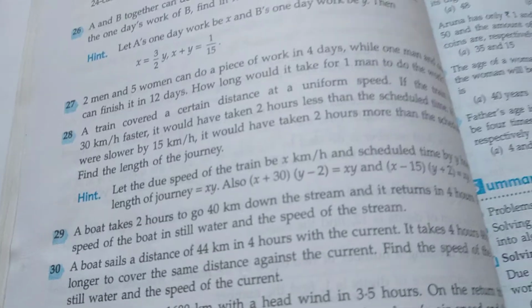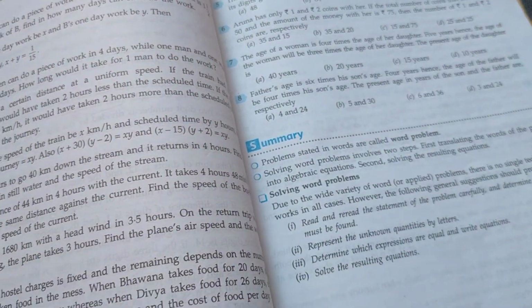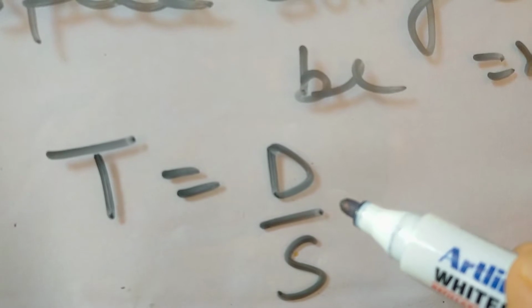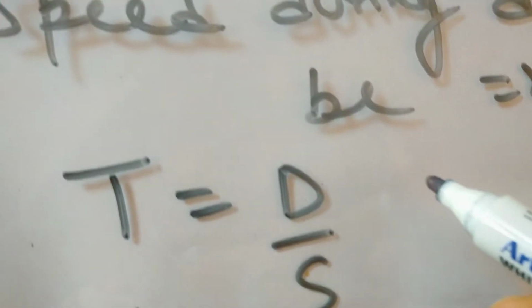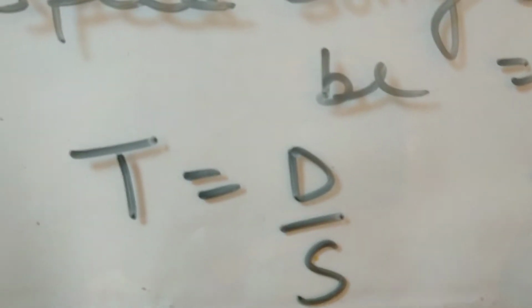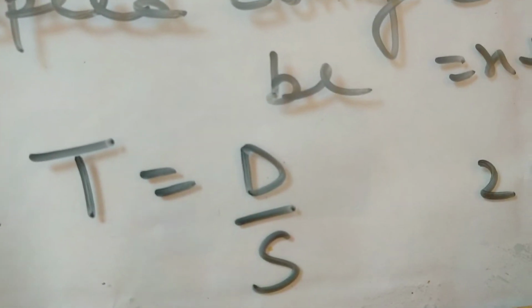Here you should apply the formula. What is the formula? Time is equal to distance upon speed. According to this question, it takes 2 hours, so you can write 2 is equal to distance. How much distance has to be covered?